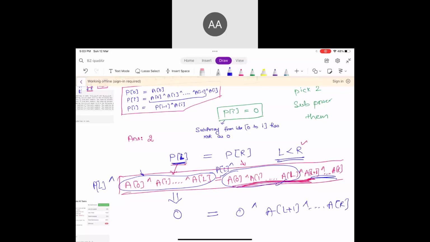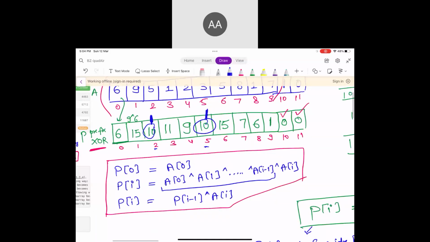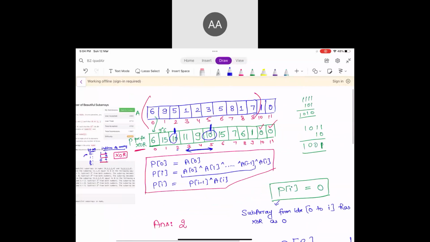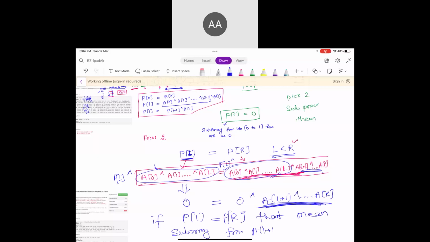Can I say the two values are same? If these two values are same, the meaning is that this to this XOR is 0. This is the conclusion we have drawn. If PL is equal to PR, that means the subarray from A of L plus 1 to A of R is beautiful.